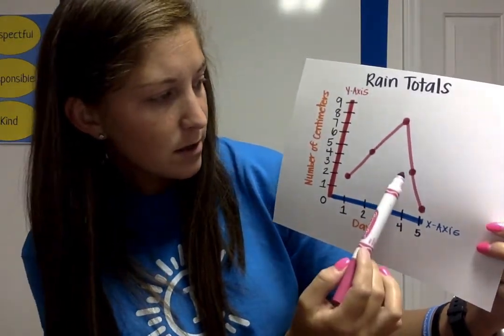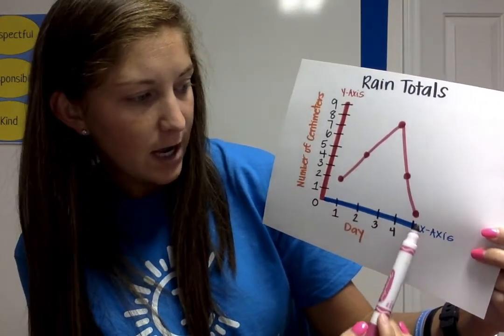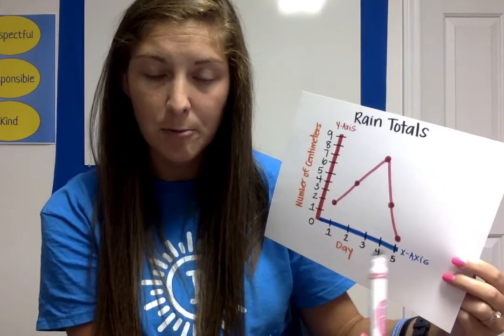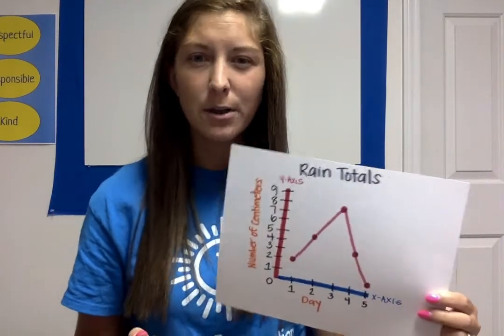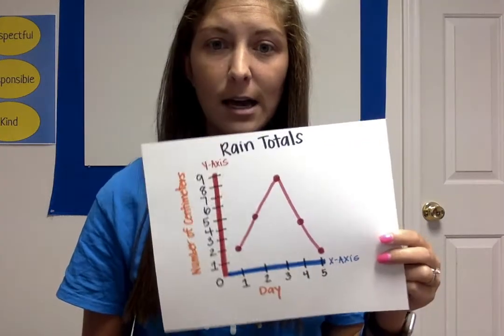Day 4, they received 4 centimeters of rain. And day 5, they received 1 centimeter of rain. So using a line graph, we're able to tell what our data is. And you can always write that out over here to the side if you feel like you need to write that down.